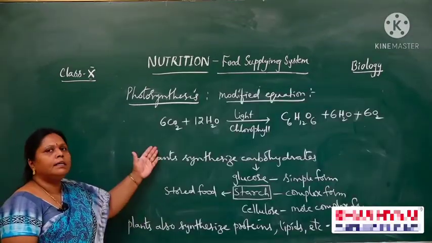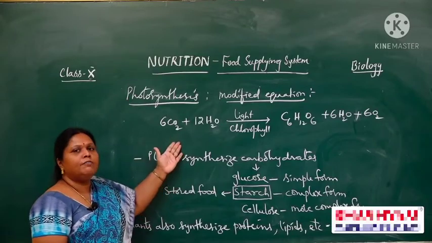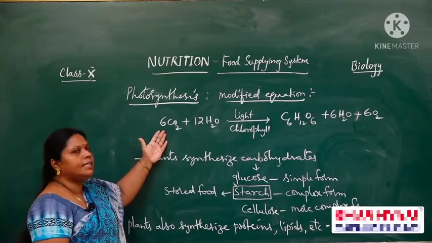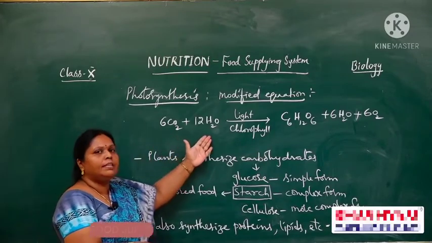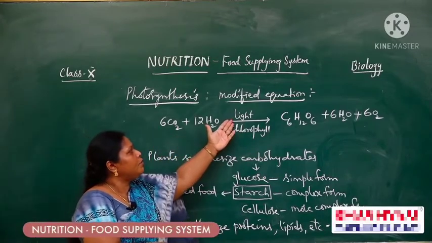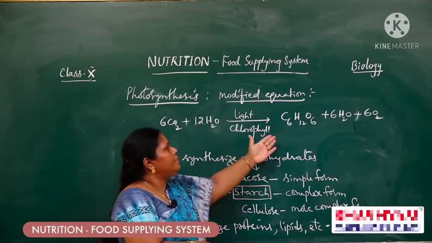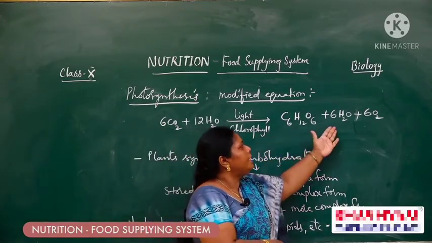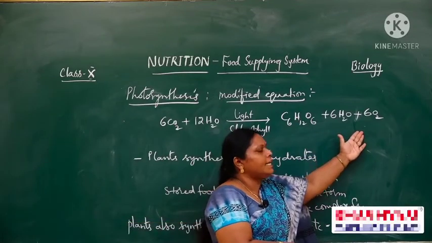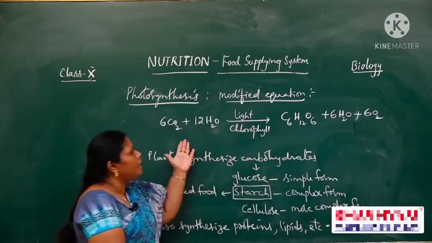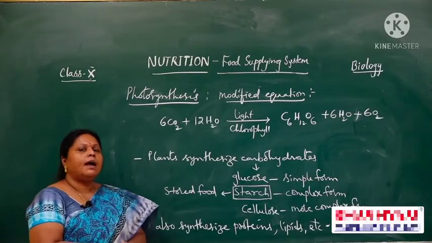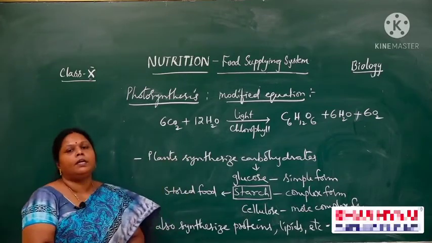Look at the board, children: 6 CO2 plus 12 H2O, in the presence of light and chlorophyll, gives C6H12O6, that is the glucose form, and 6 H2O and 6 O2. This is the equation we are following now.